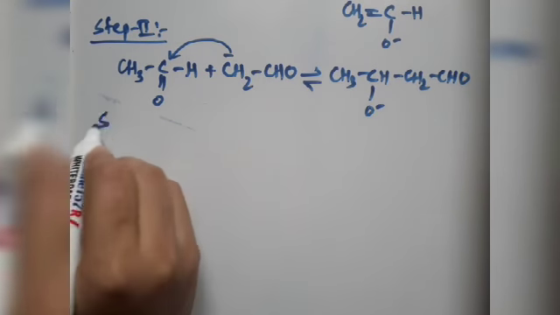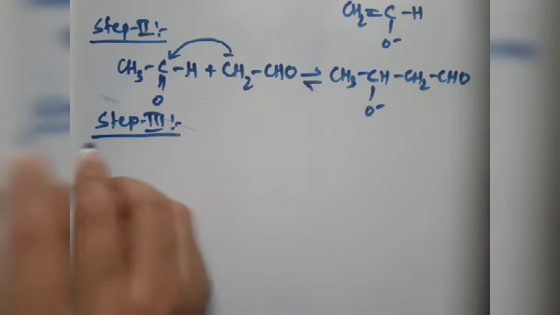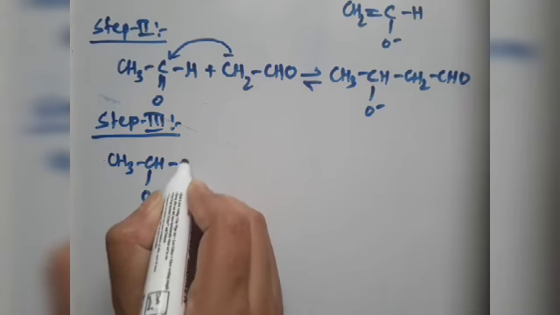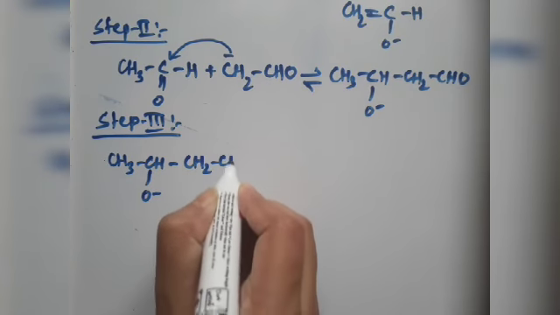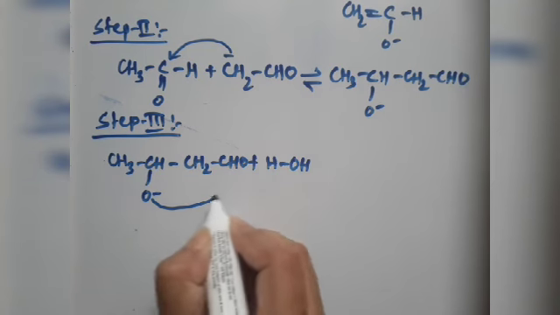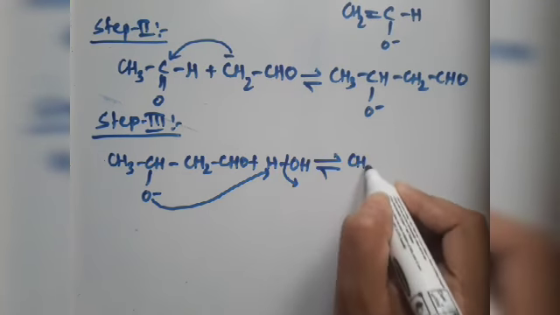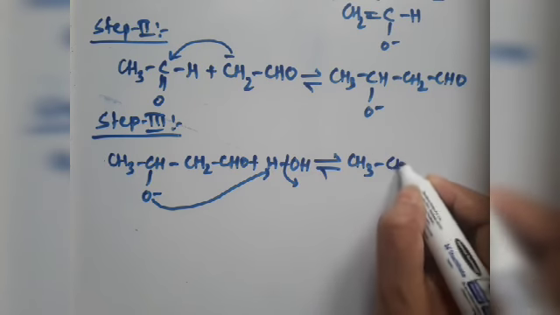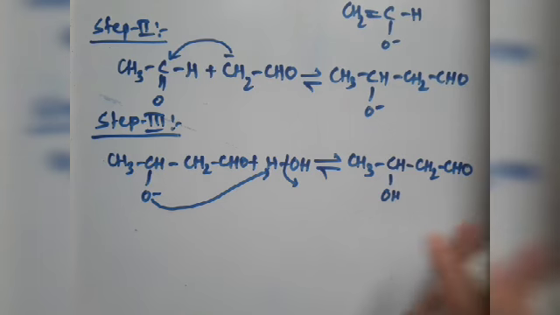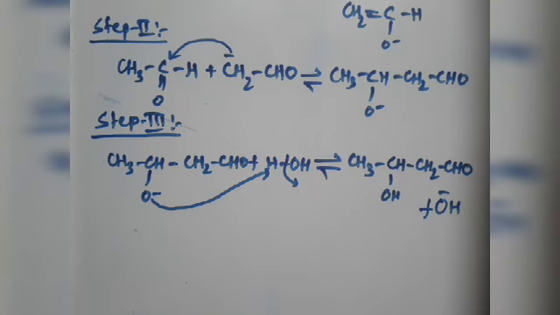So now moving to step 3. This alkoxide ion which is produced in step 2 will now abstract a proton from a water molecule, and we will have our desired product, that means aldol. Okay, this is our beta hydroxy aldehyde or aldol, with OH minus.